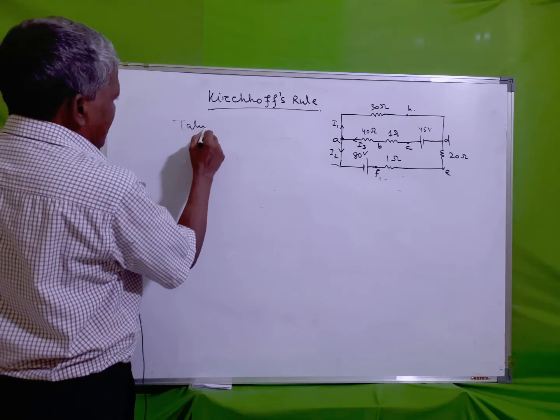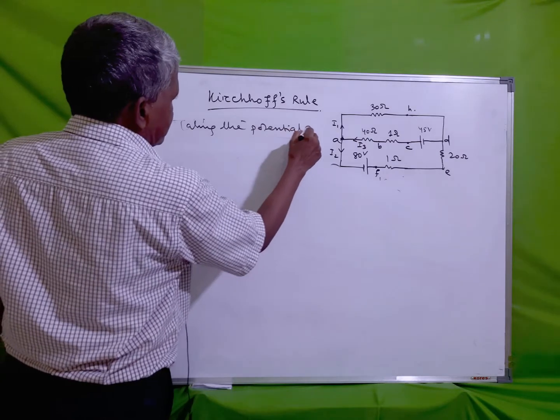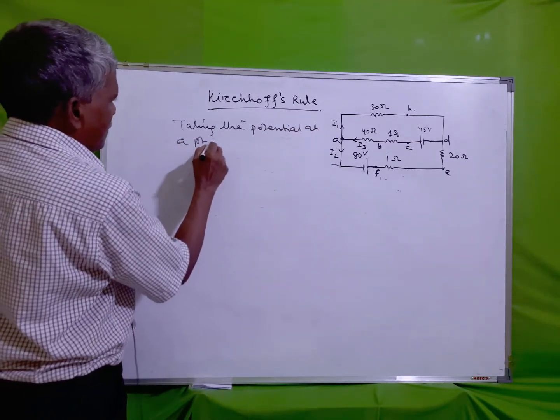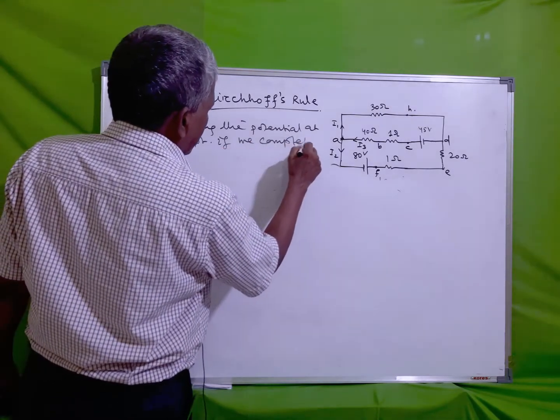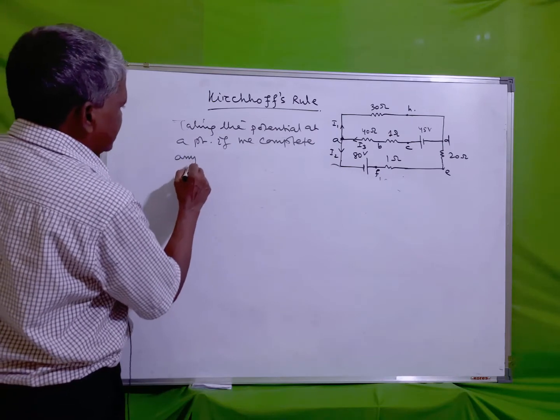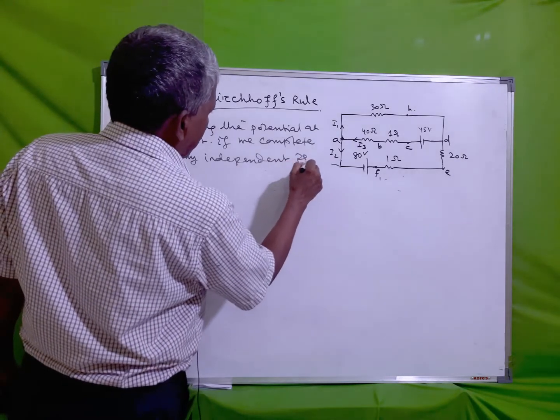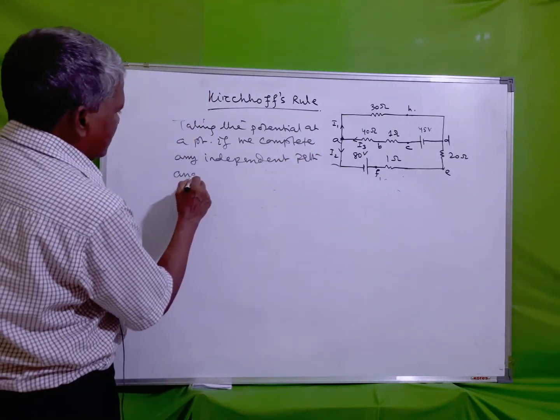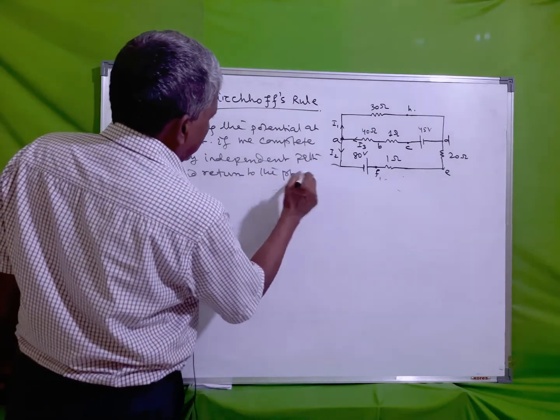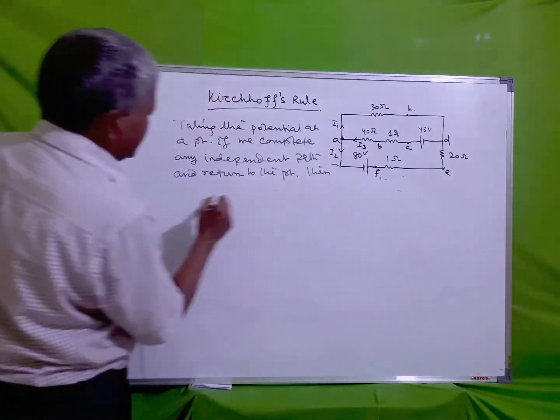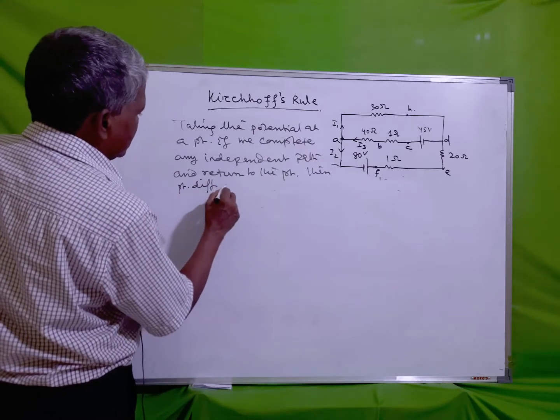If we complete any independent path and return to the point, then the potential difference is 0.